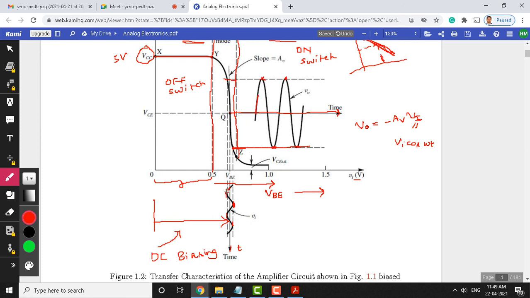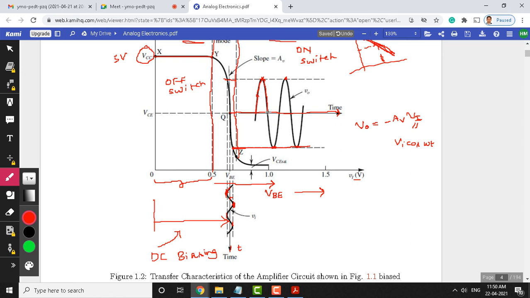When it goes to the more negative peak, the output will be at the positive peak, and again the signal is coming from the negative peak to the 0 crossing. Now you can see that again the output signal comes from the positive peak to the 0 crossing. The 0 crossing of the input sinusoidal and the output sinusoidal are the same, and again the signal goes positive and attains the positive peak.